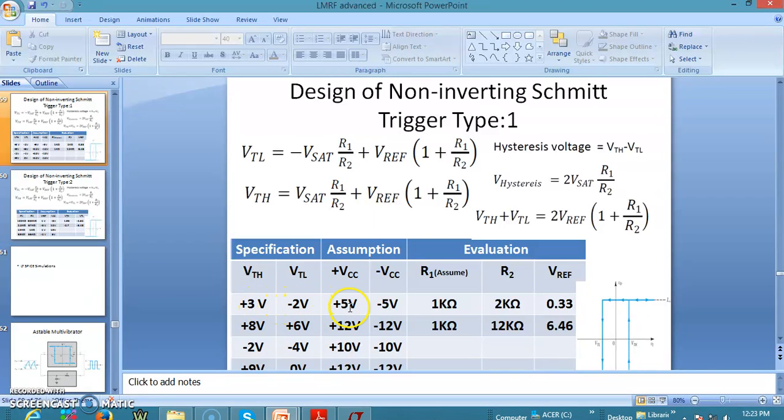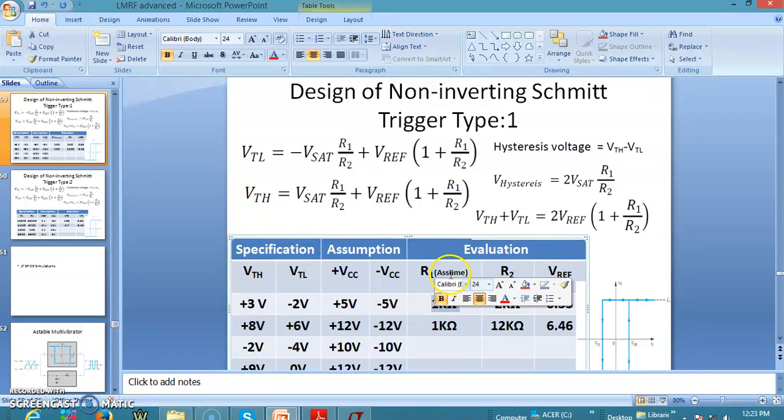The VCC assumed is plus or minus 5 volt. To estimate R1, R2 and V reference, we are supposed to assume the value of R1 because we have only one equation and two unknowns. So R1 is assumed as 1 kilo ohm, R2 can be evaluated as 2 kilo ohms, and the V reference evaluated is 0.33 volts.